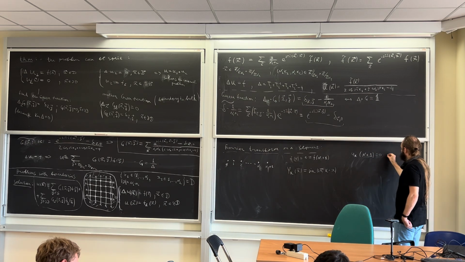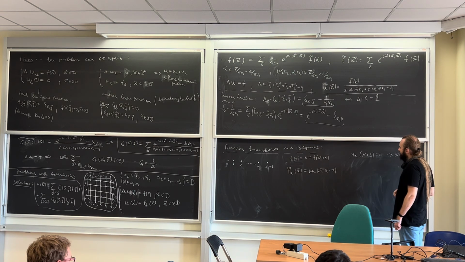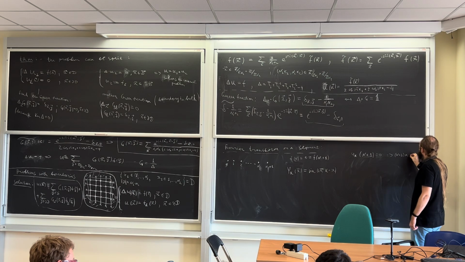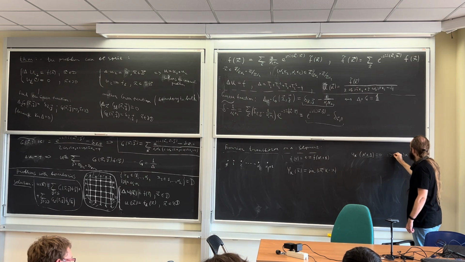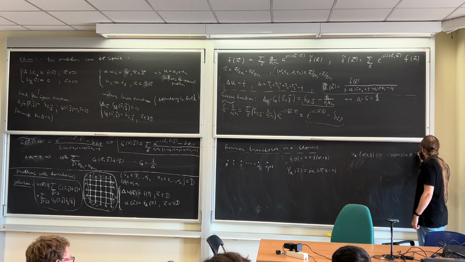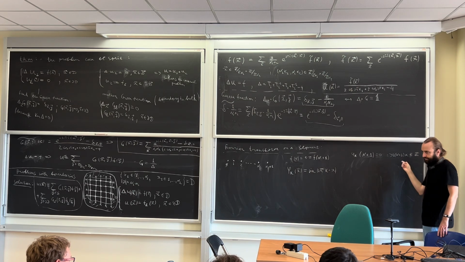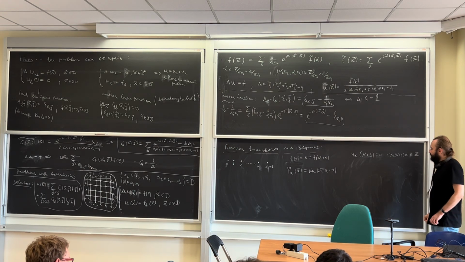And this means that 2 times n plus 1 times k should be an integer number. Right?